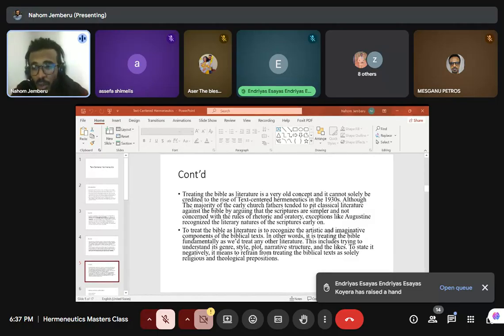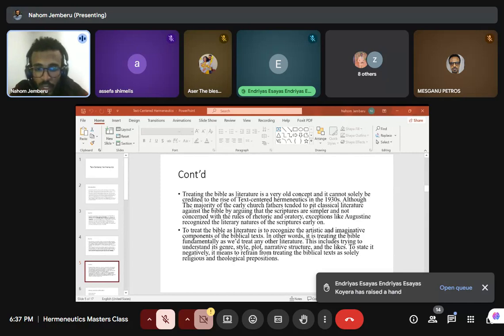So, for example, when they wrote psalms and poems, we need to understand that they followed the literary conventions of their time. When they tell us a certain story or narrative, we need to recognize they used the literary norm of their time.